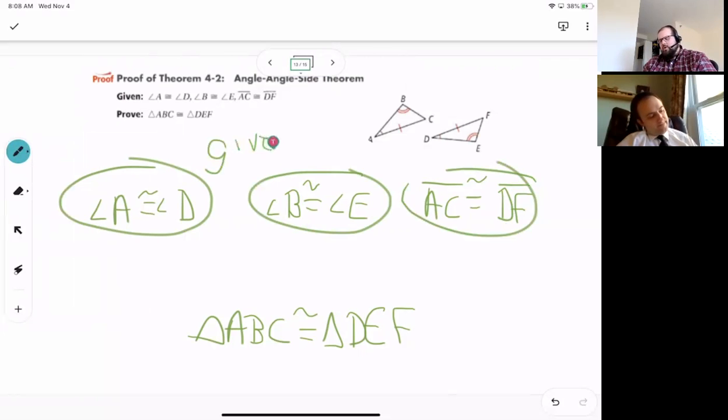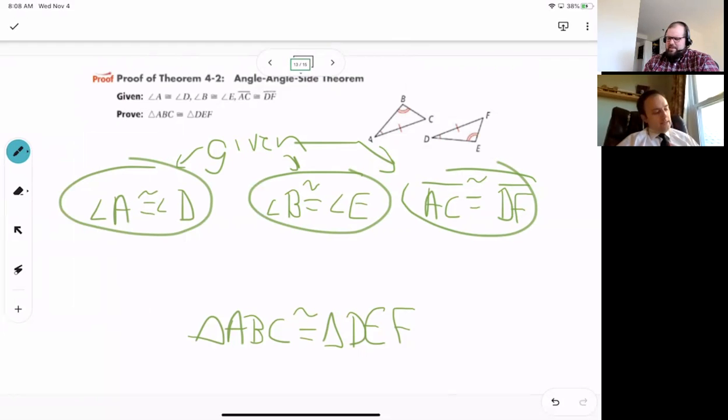Okay, I also know that within a triangle, the angles have to add up to 180. So we can talk about this that way. We can also use that third angle theorem and write less stuff. I don't know how you feel, Mr. Butterworth, about either one of those options.